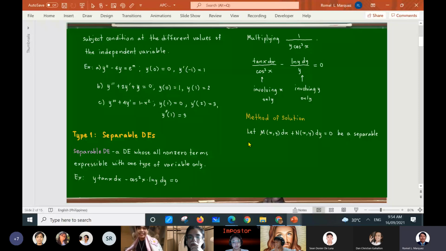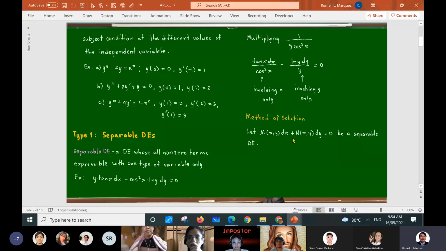So assuming this is separable, meaning we can separate variables. Notice that the coefficient of dx is in terms of x and y generally. The coefficient of dy is also in terms of x and y. But let us assume that this is a separable DE.